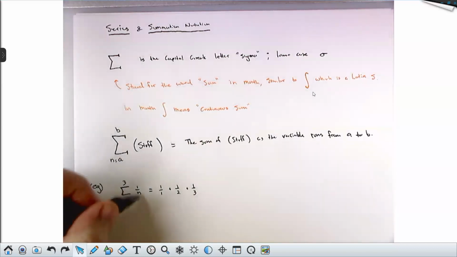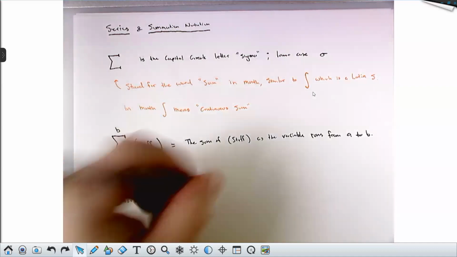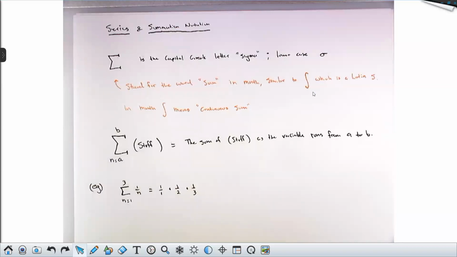Right? I'm taking 1 over n and I'm adding it up as n goes from 1 to 3. In this case, we can compute this if we want, but I'm not even going to write it down. What does matter is that you understand that this thing is just a shorthand for this thing.